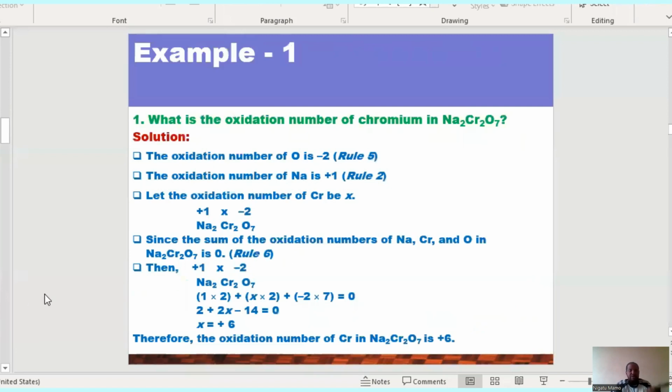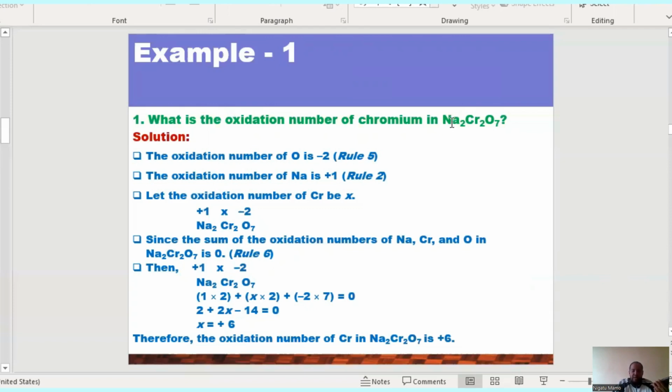Example: how can we assign oxidation numbers of atoms in a given compound? For example, what is the oxidation number of chromium in Na2Cr2O7? First, identify the oxidation numbers of sodium and oxygen. Sodium is a group 1 metal.